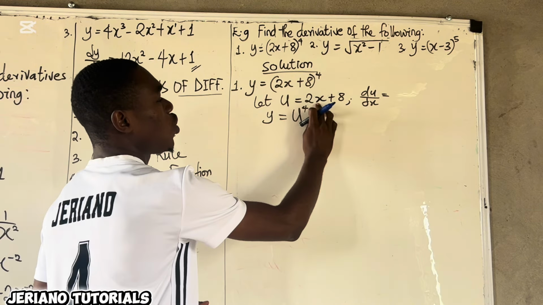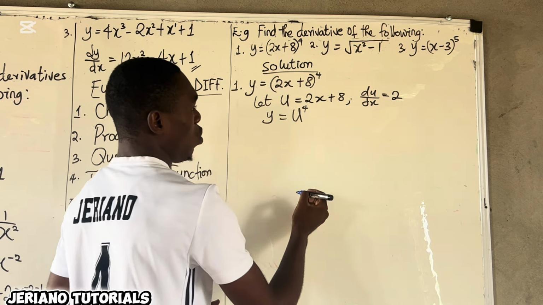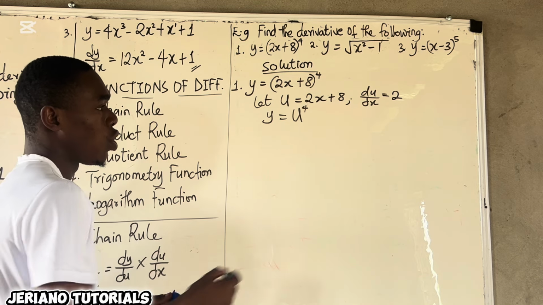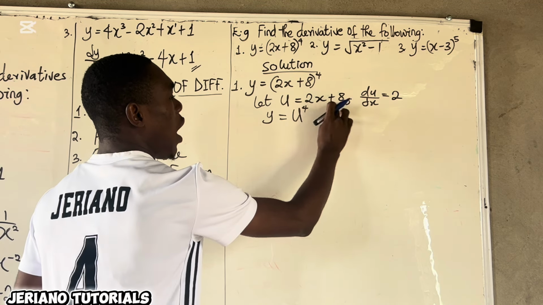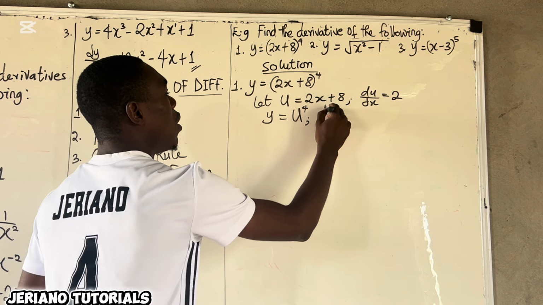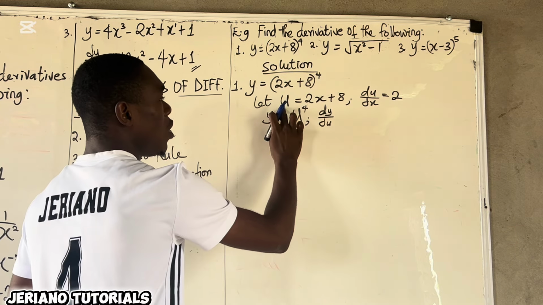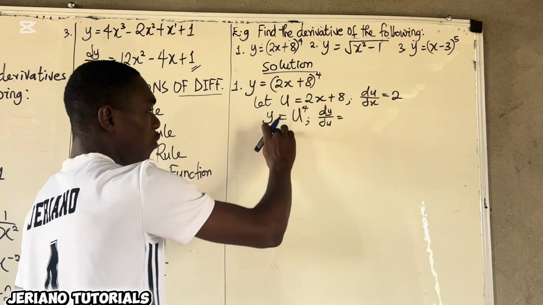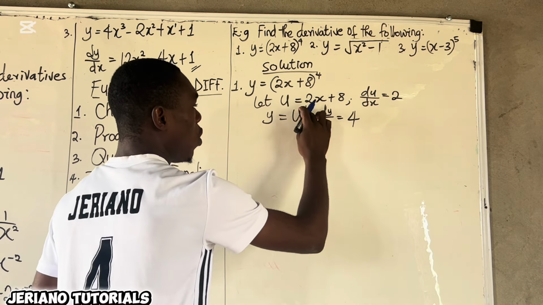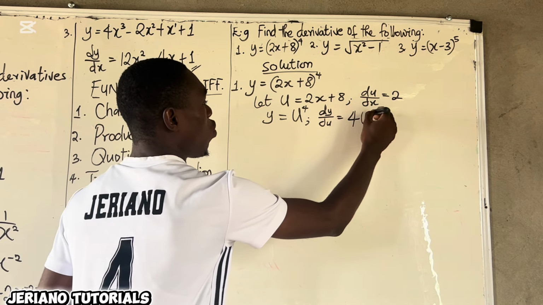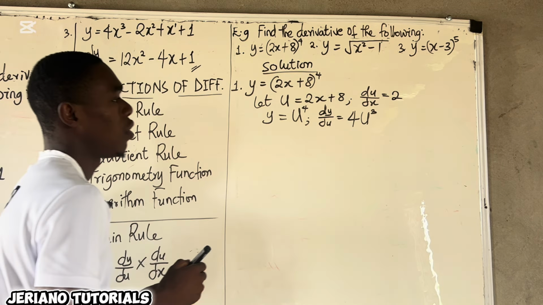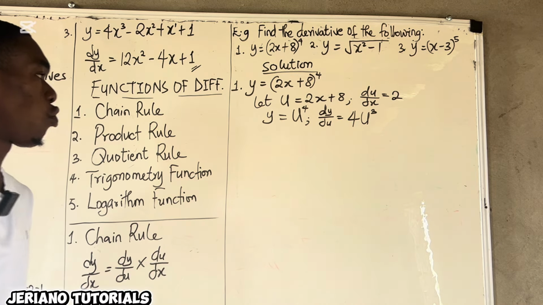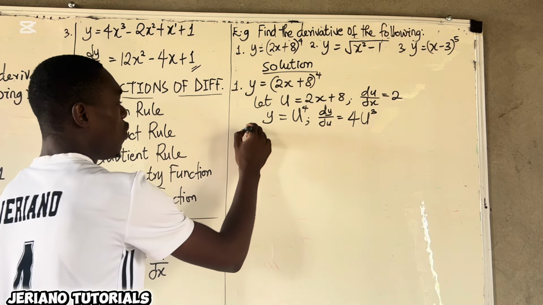So the differentiation of 2x is 2. The differentiation of 8 is 0, which is gone. So du/dx is 2. Now dy/du: when 4 goes to the back, it becomes 4, then u to the power of 4 minus 1, that is 3. So dy/du is 4u cubed, and du/dx is 2.